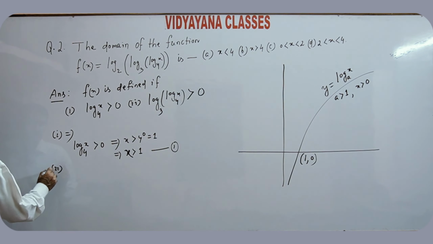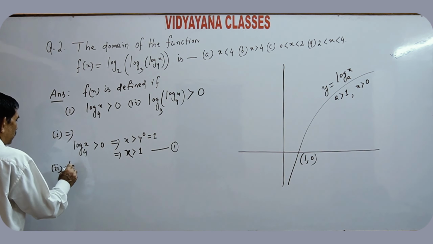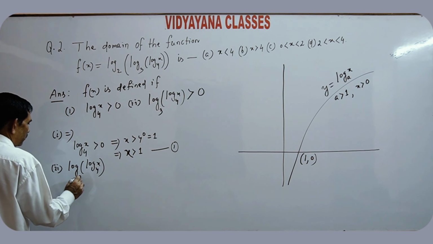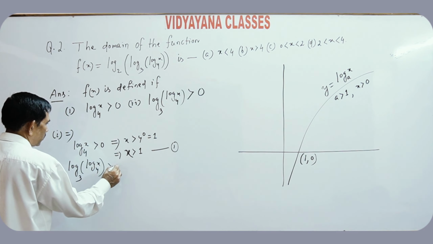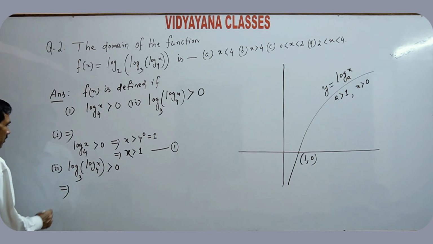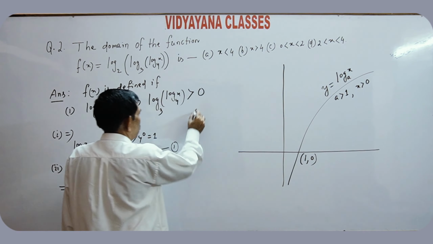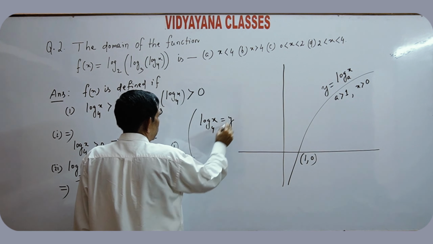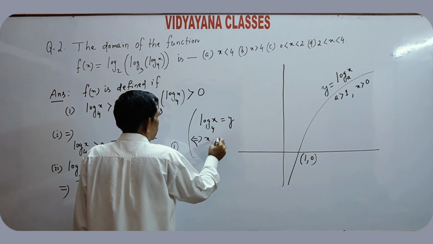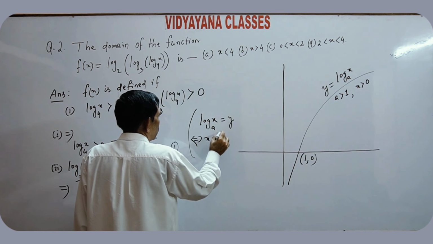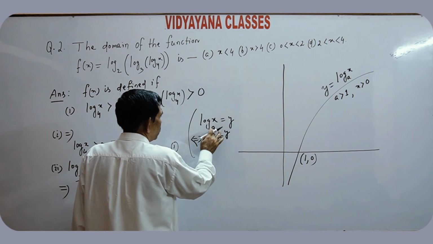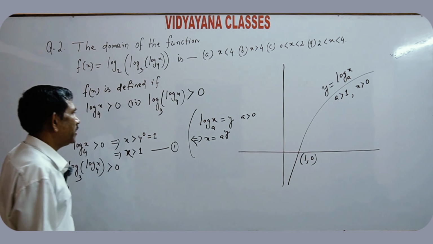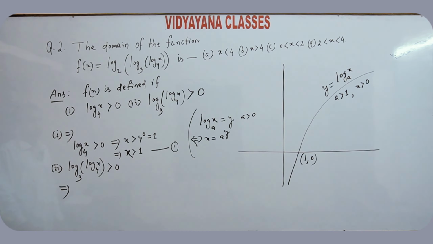Second part, log of (log x with base 4) with base 3 is greater than 0, which implies log x with base 4 is greater than 3 to the power 0. Recall that log x with base a equals y implies x equals a to the power y.